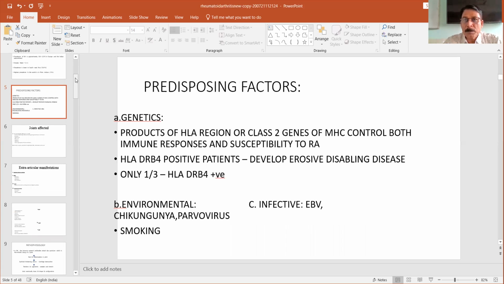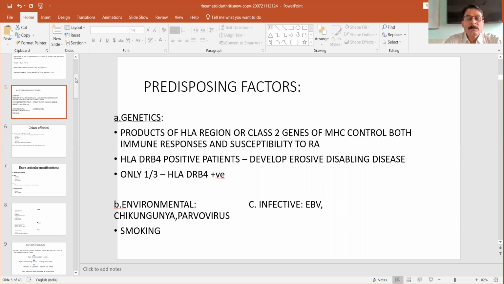But there are certain factors which play a role. What are these? It is genetic, with certain genetic factors, then associated with the environmental factor and an infective condition. So these are the three contributors to start this disease. So what are the predisposing factors?